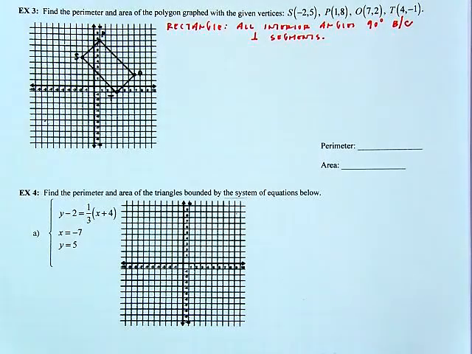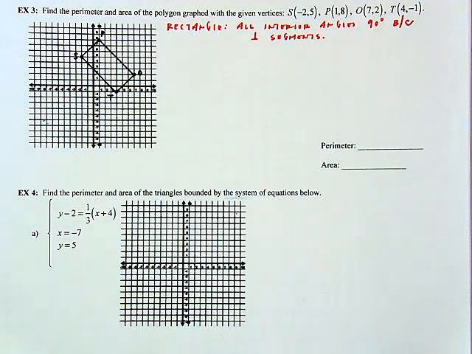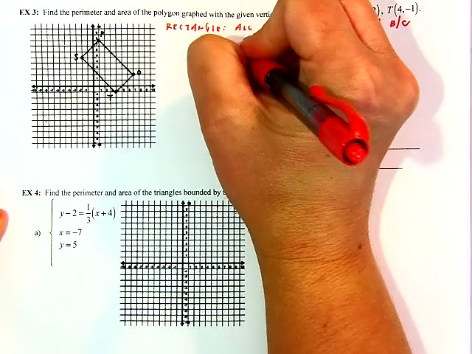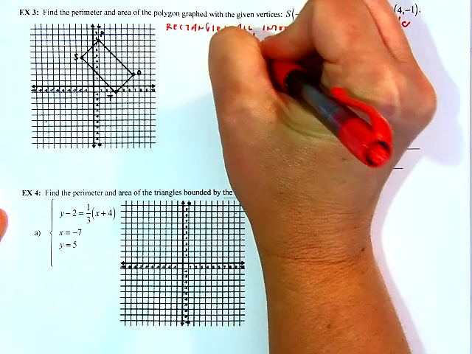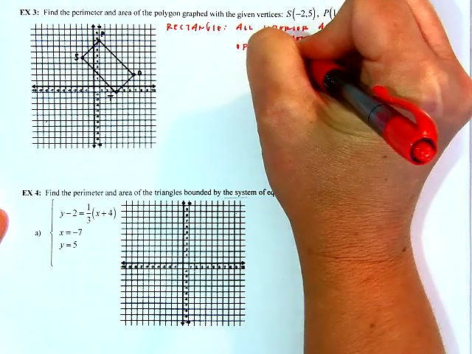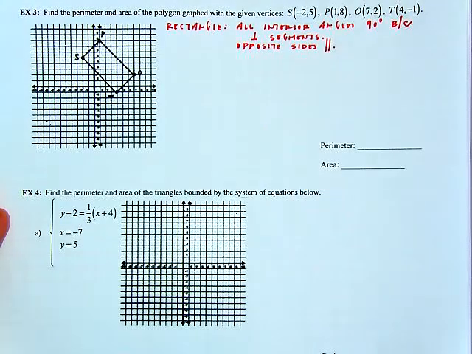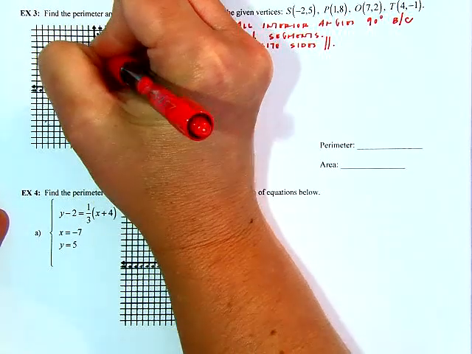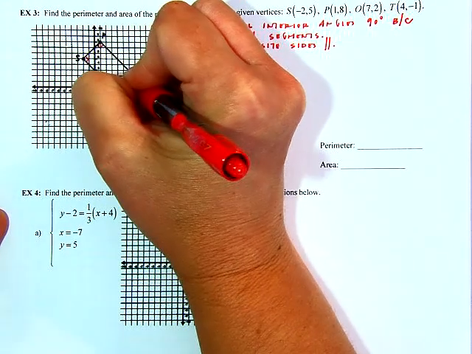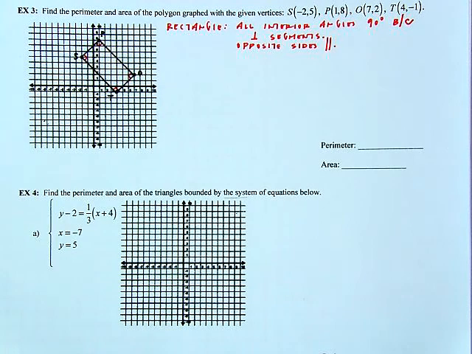Okay, we also saw that opposite sides are parallel too. Okay, so I'm going to draw in a little box notation just to show that this is a rectangle.